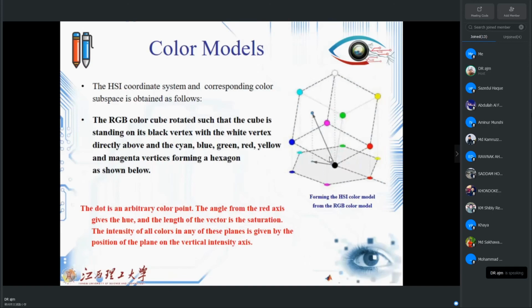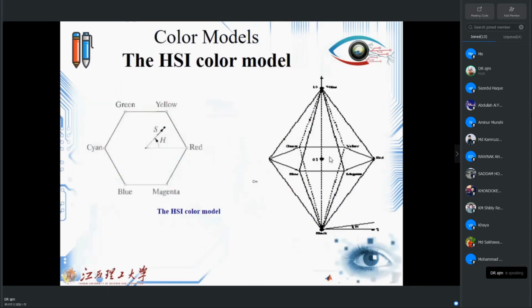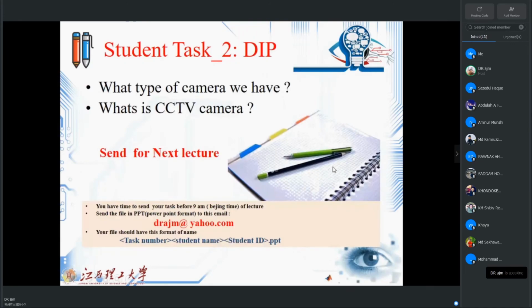Have this RGB cube and HSI cube in your mind, and then you will see that we have something like this: blue, cyan, green, yellow, red, and magenta. And then you have some 3D form of them as I have shown here for you.